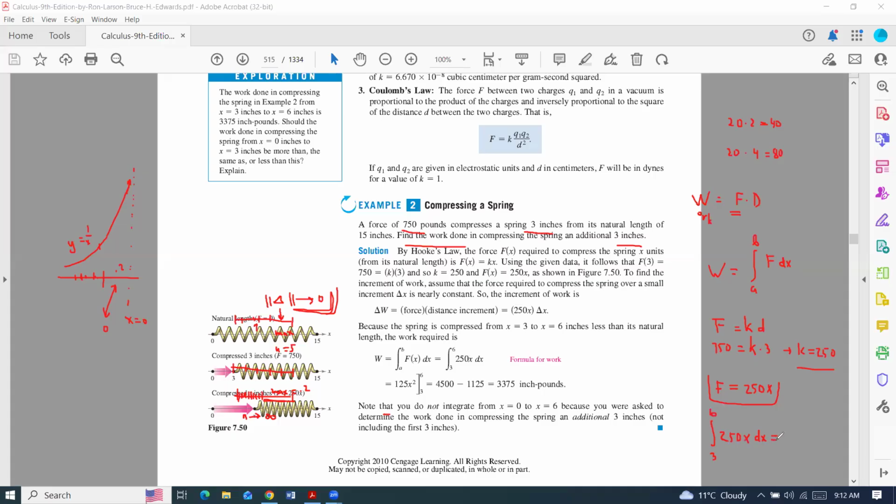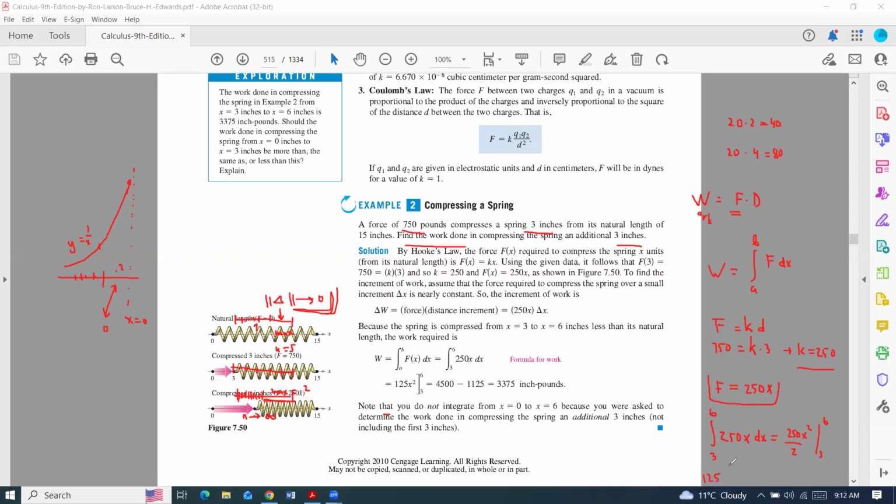So calculus-wise, it's really very, very straightforward, right? This integral is very basic, and I'm sure you'll do nothing but enjoy taking it, right? So from 3 to 6. Now I cancel by 2, I get 125.